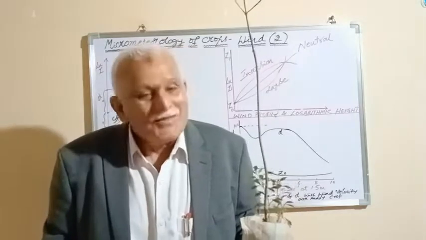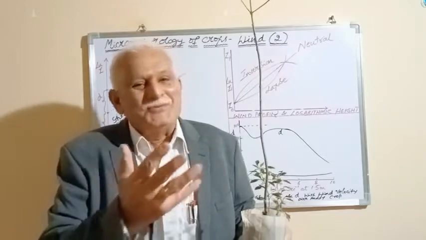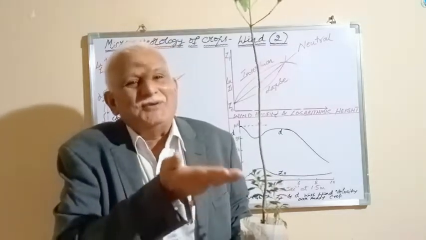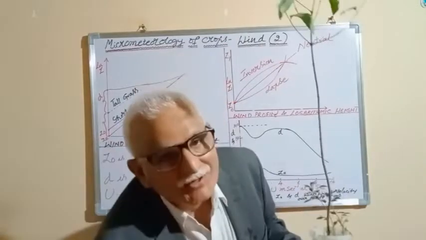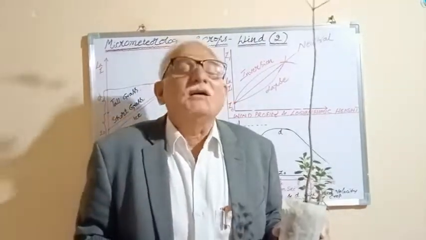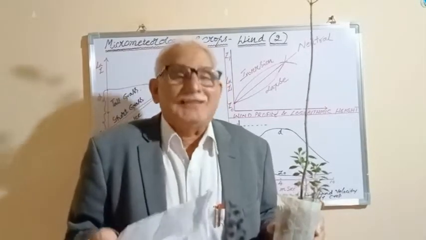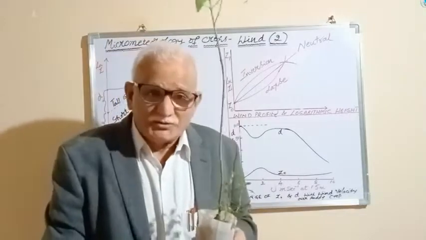It is also a hypothetical height from where the logarithmic wind profile holds good. For a smooth surface like ice or paper, it is almost zero, otherwise 0.01 centimeters height. This is how the roughness parameter Z0 changes.